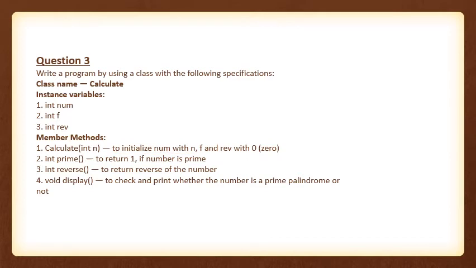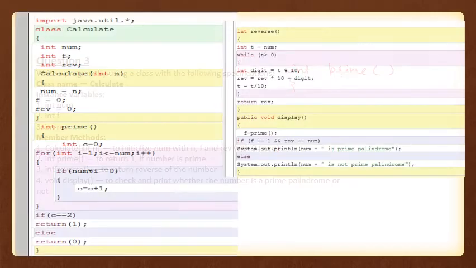Int prime means it has a return type of int. It returns 1 if the number is prime, else returns 0. Int reverse finds the reverse of the number, and void display displays whether the number is prime or palindrome or not.